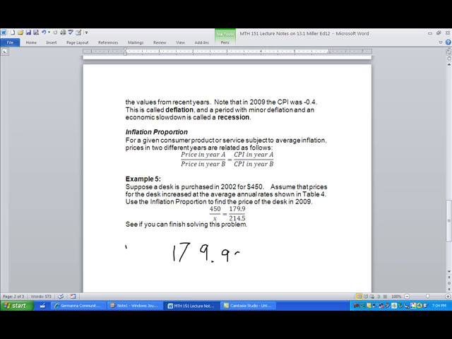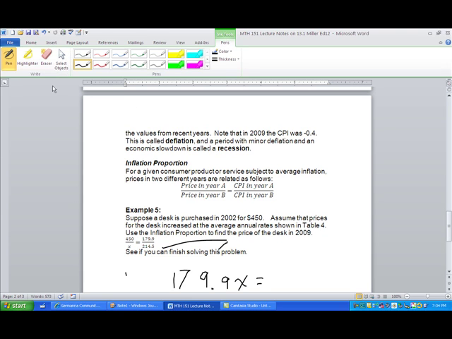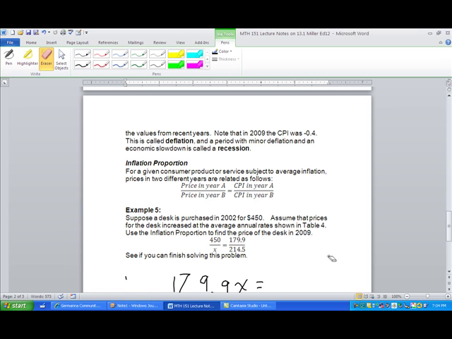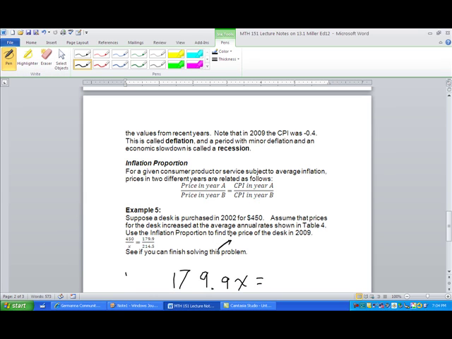Equals, so what we're doing is I just did that product. Let's see if the pen will work maybe now. Yeah. Okay, so we're doing this, and then we want to do that product.